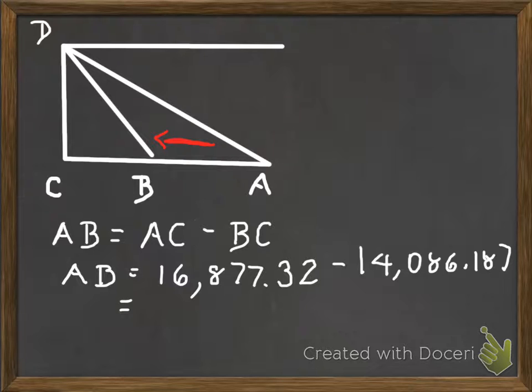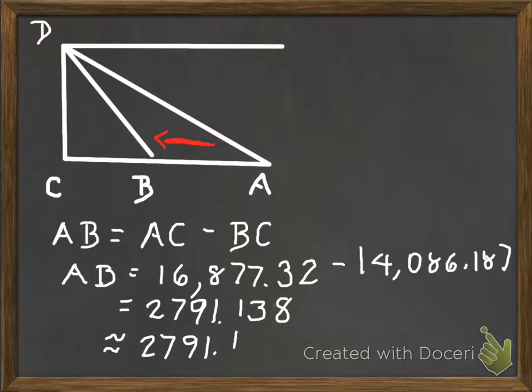And that difference is 2,791.138 feet, which is approximately, to 2 decimal places, 2,791.14 feet.